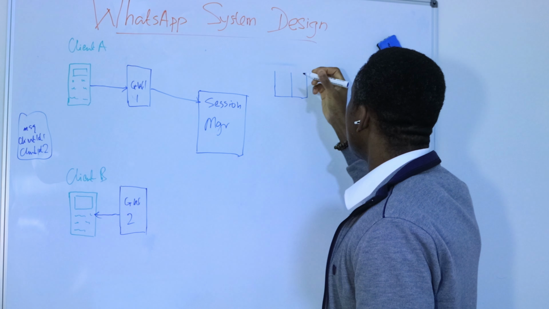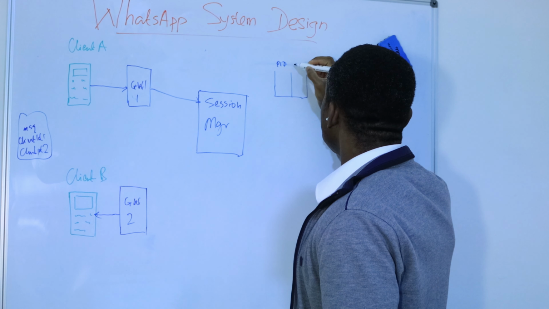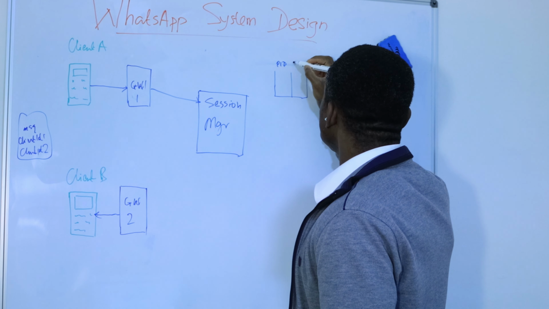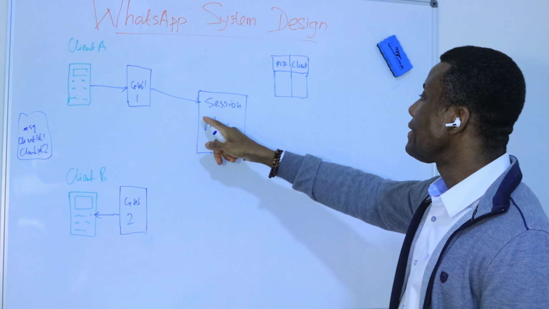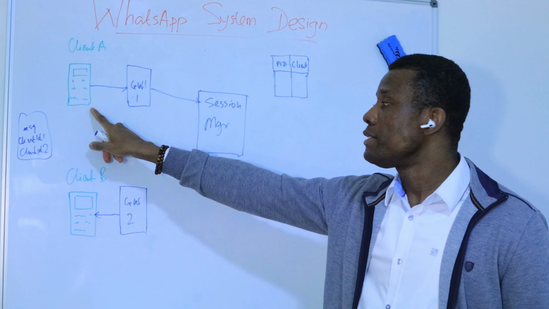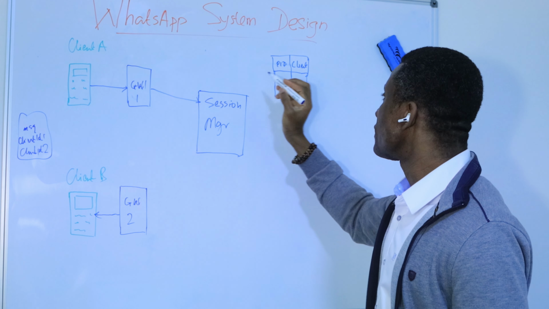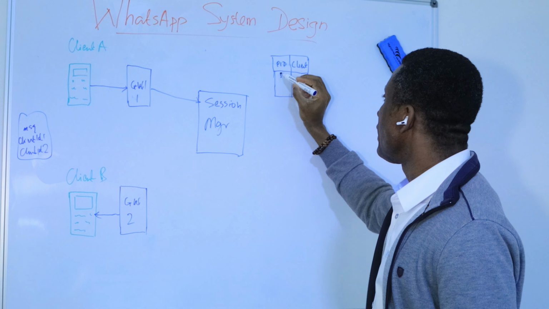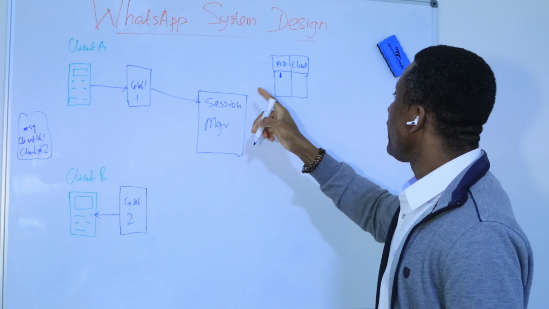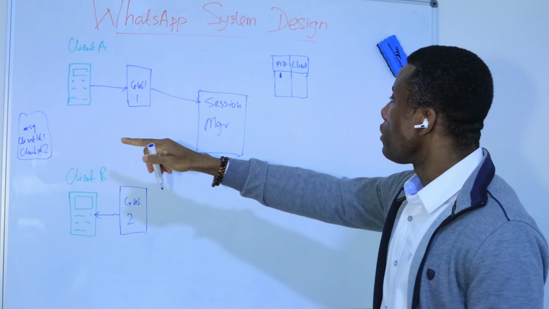So let me just write it a bit clearly. Once the session manager receives this message, it's going to start a session for this communication and update the PID for the one who originates this message. So in this case, we start a session with a process ID of 1, and the client is A.